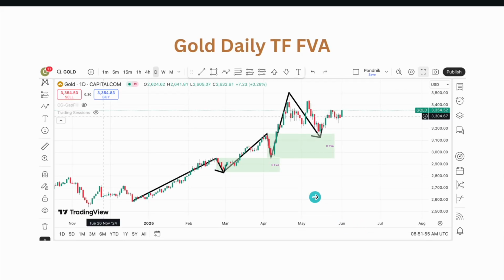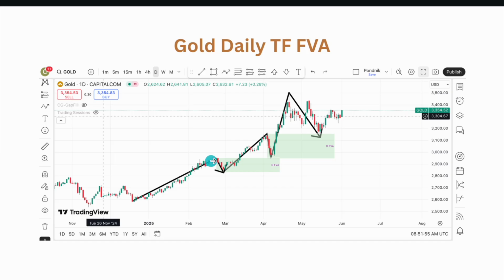Let's dive into a real-time gold chart. This is a daily time frame chart for gold. Here we can see price has moved higher, retraced a little bit, again started its bullish journey, then again retraced. Now if you see, the retrace is up to the last swing high.